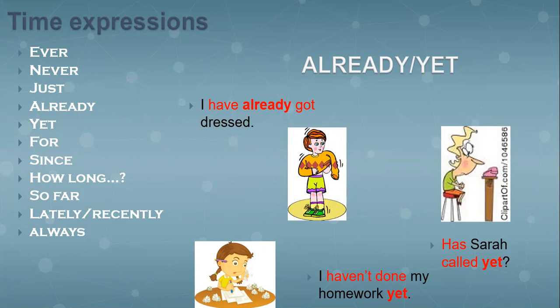How long have you been playing football? So I ask how long to know the amount of time spent in this action or the amount of time this action needs until it gets done. So how long is one important question word that we use in which tense? Good, the present perfect.